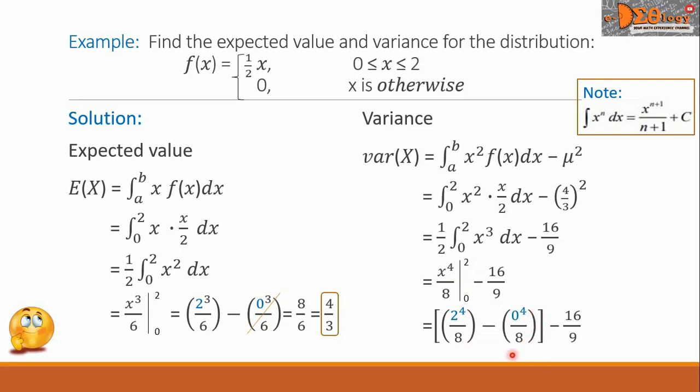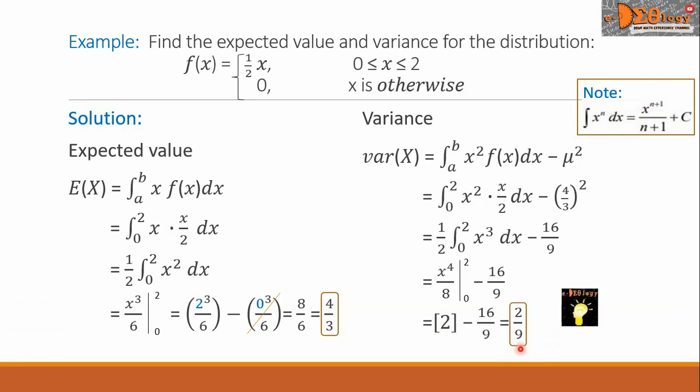The second fraction here will just be 0. Now, the 2 raised to 4 is 16. 16 over 8 is 2. So all the groupings here will be 2. Then minus 16 over 9. The difference here will give us 2 over 9. This is the variance. This is the final answer. Again, expected value is 4 over 3 and the variance is 2 over 9.